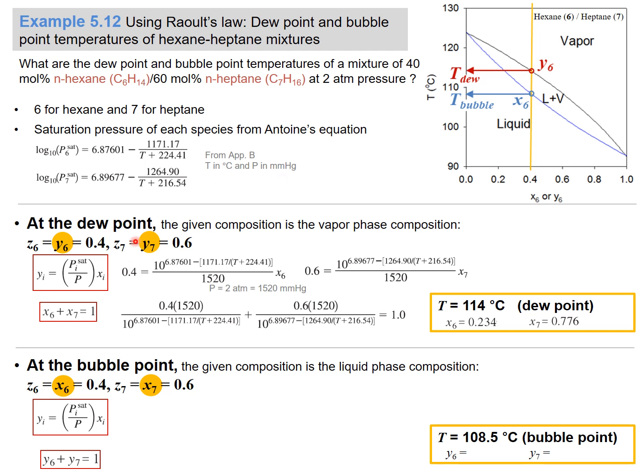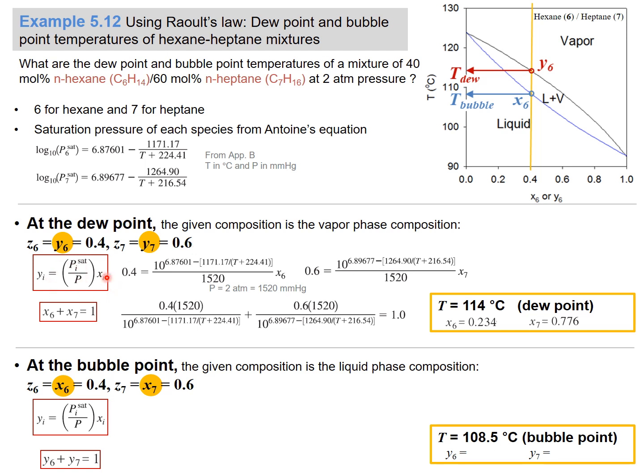Then let's go to the dew point. At the dew point, the given composition is the vapor phase composition. Dew point is on the side of vapor, and the given compositions for hexane 6 and heptane 7 are the vapor phase composition. So Y6 and Y7, 0.4 and 0.6.